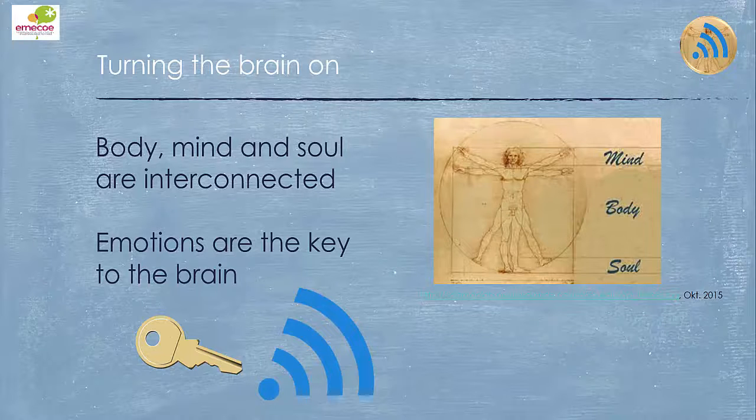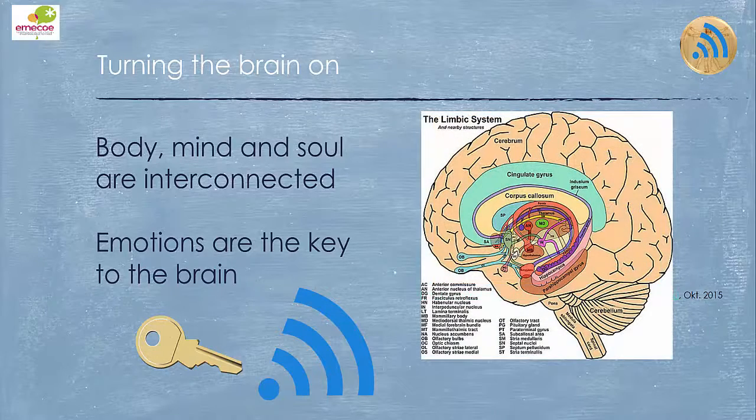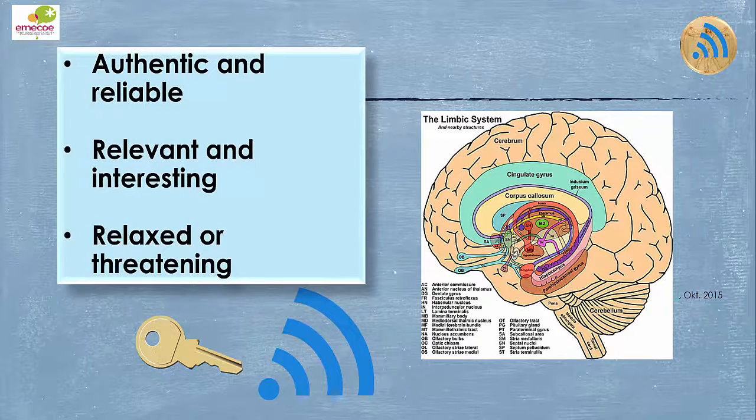Within seconds, their brain's emotional center, that is the limbic system, will decide whether the teacher's words, voice, and body language match and are therefore authentic and reliable, whether the topic is relevant and interesting, and whether the situation in the classroom is relaxed or threatening.